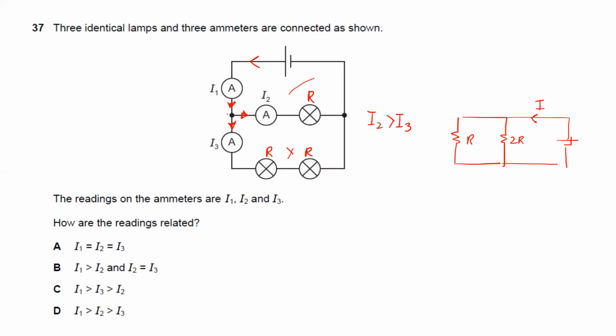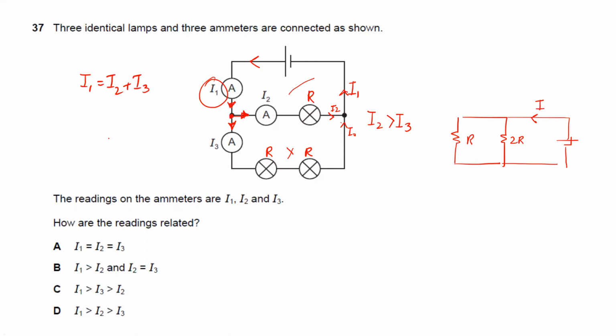And what about I1? I1 is the total current that is flowing in the circuit. I1 comes to this point, and at this point it divides into two regions. Similarly, I2 goes here, I3 comes from here, and again I1 is this. So I1 is basically the sum of I2 plus I3. Technically I1 is equal to I2 plus I3.